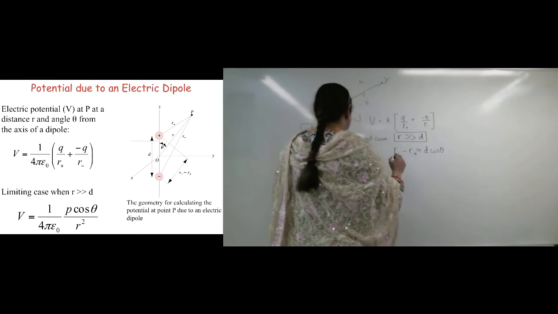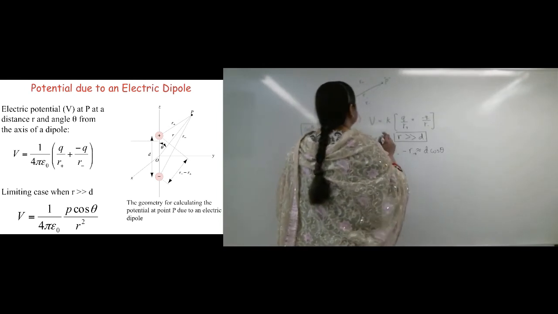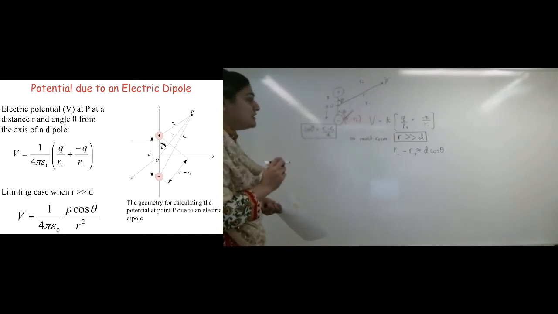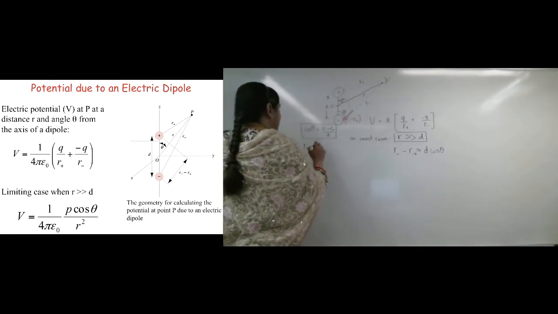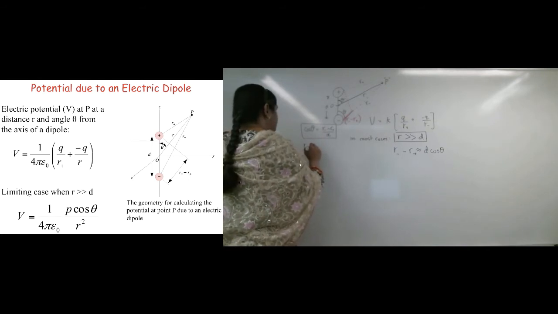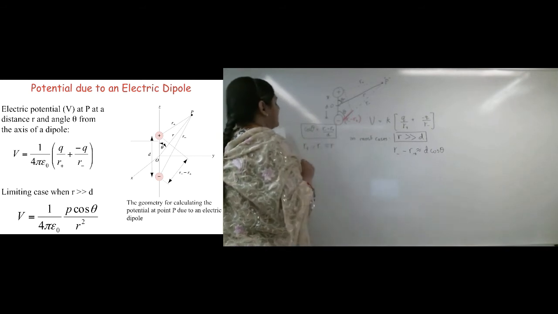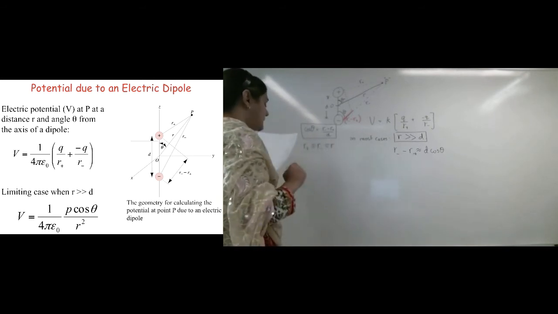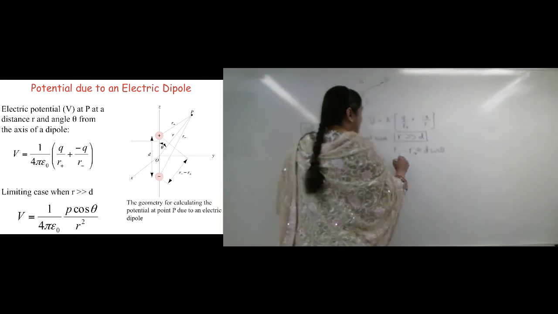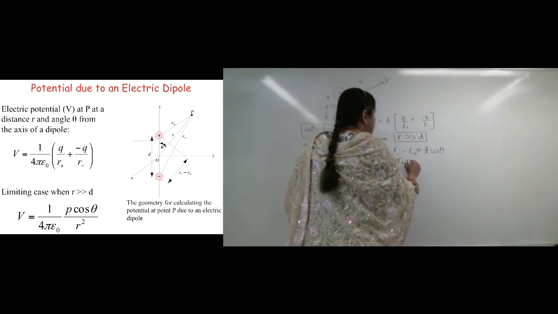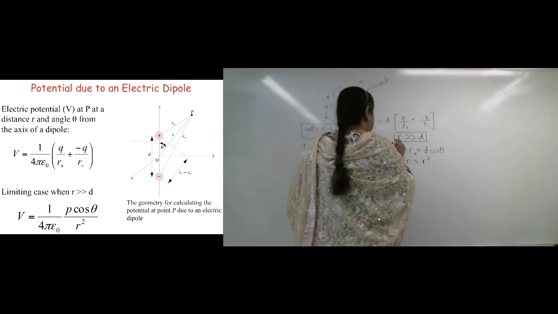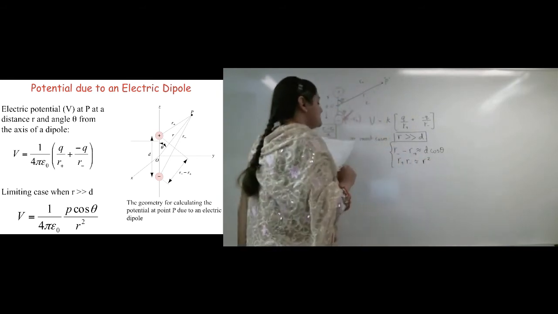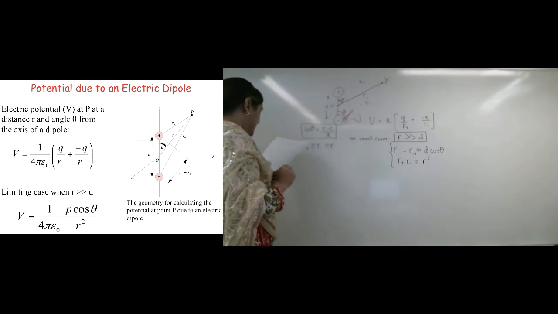And also, I can say, because r is very large, that r plus and r minus are almost equal to r. So they are almost equal to each other. So in that case, I can write r plus times r minus as almost the same as r squared. Again, only in this limiting case will these two things hold. Okay?